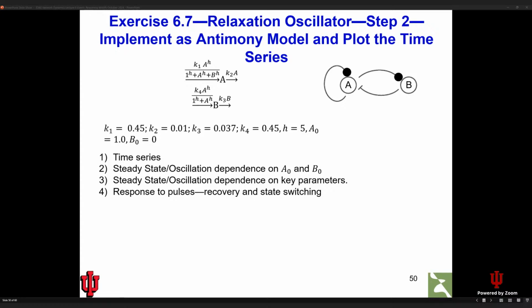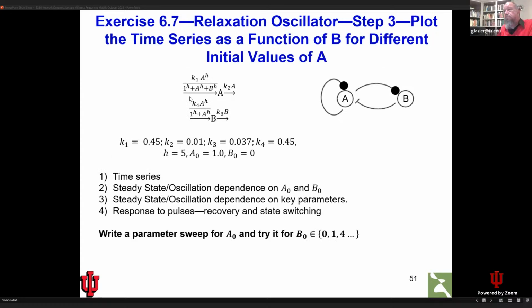Okay, and now I said write a parameter sweep for A naught and try it for different values of B naught. And what you get here is that for some of those parameters, maybe you could screen share this and we can talk it through together. The thing you just put in the chat, why don't you screen share and let's look at that together?